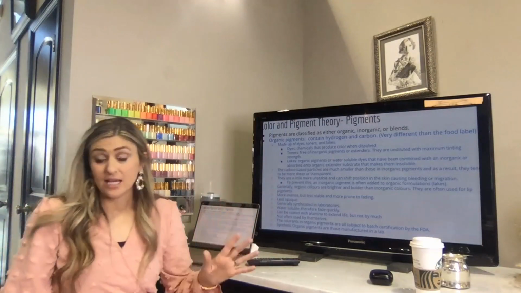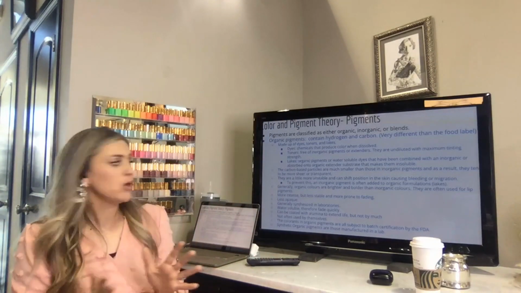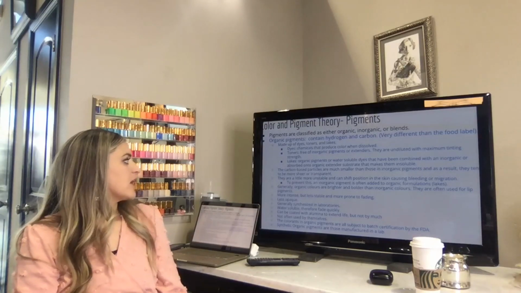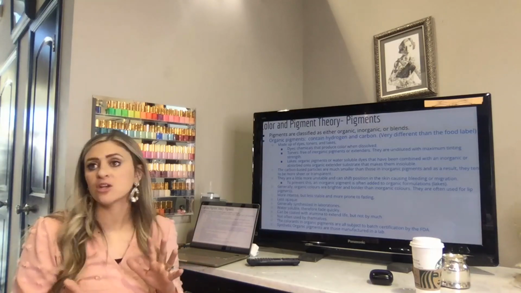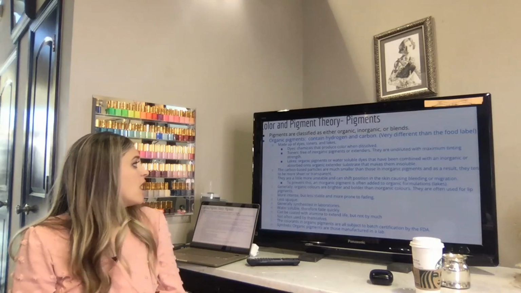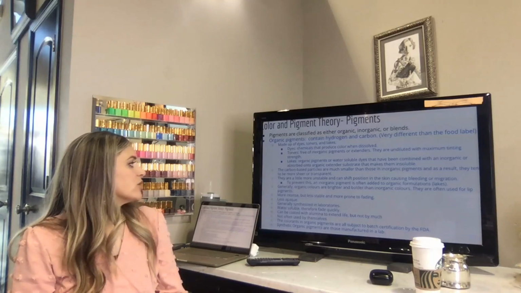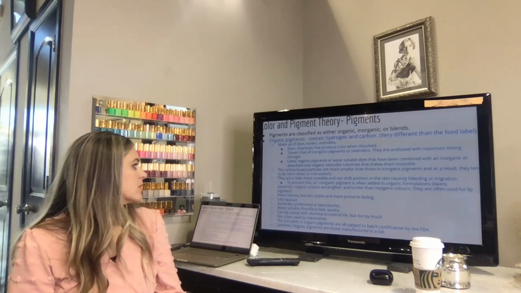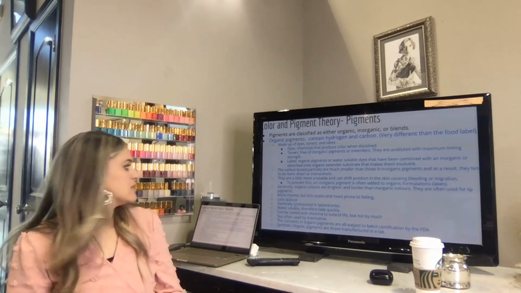So, back to organics. Organics are unstable, very unstable. They're carbon-based. They shift position, known for migration. They can bleed quite a bit. Generally, they are brighter and bolder in color. We see them a lot in lip pigments.